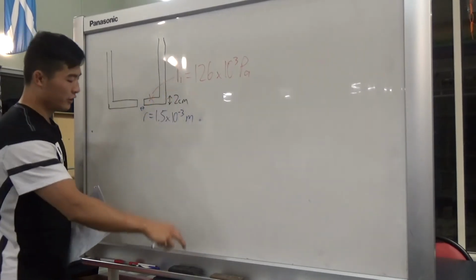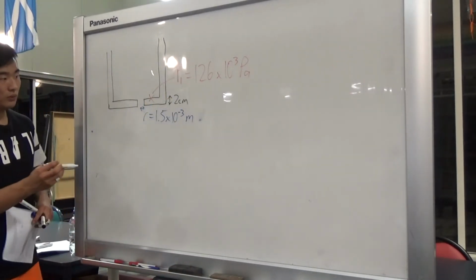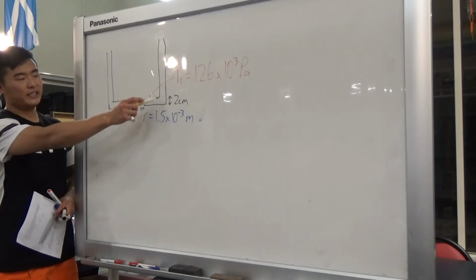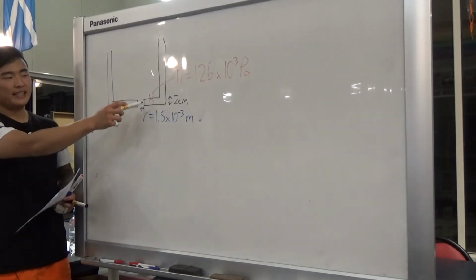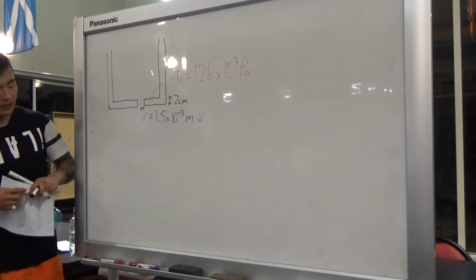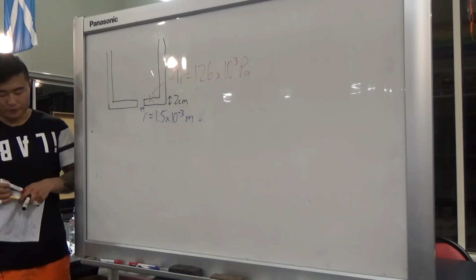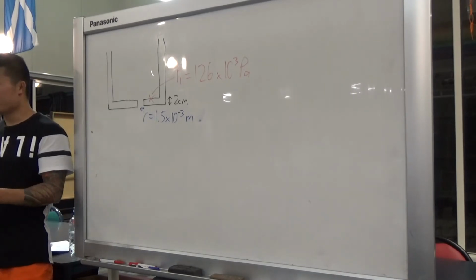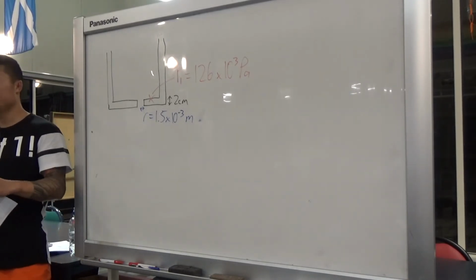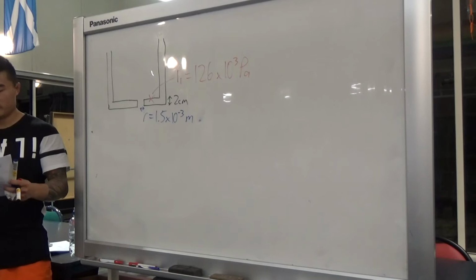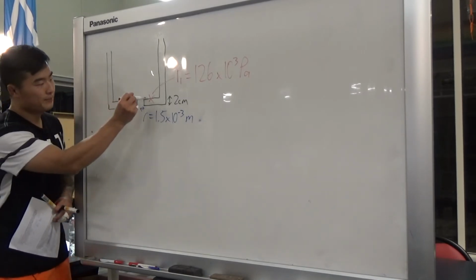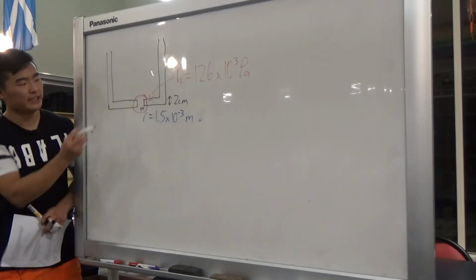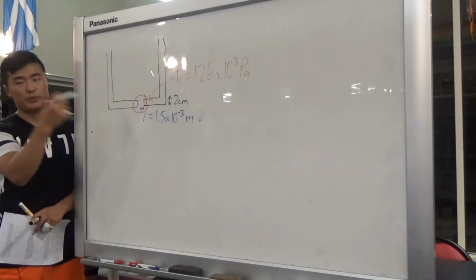And again, we know that the base of the tank is 2 centimeters thick. So this is a bit of a tricky one because you've got a viscous fluid, and the actual pipe through which the fluid is flowing is going to be this part here. So this part here is the pipe.